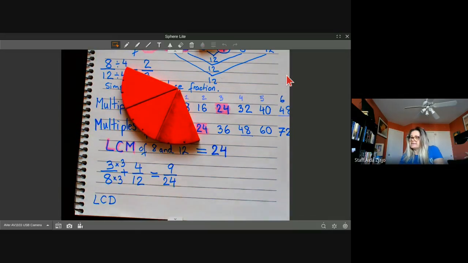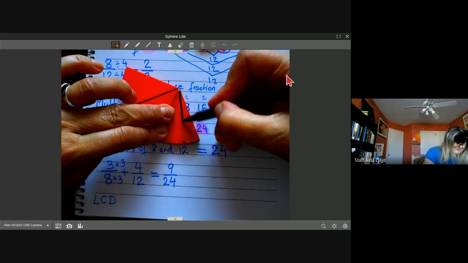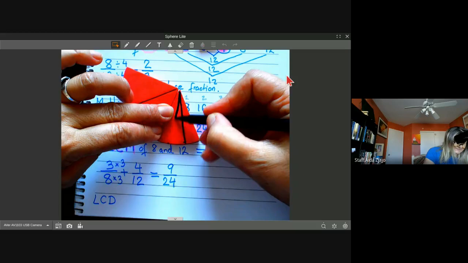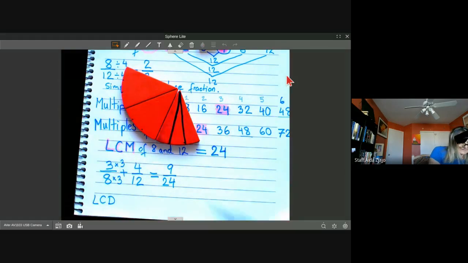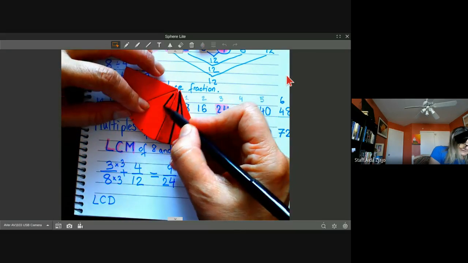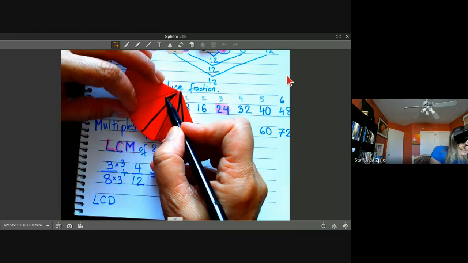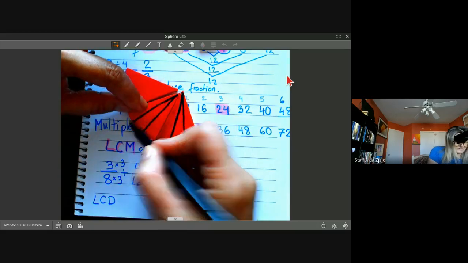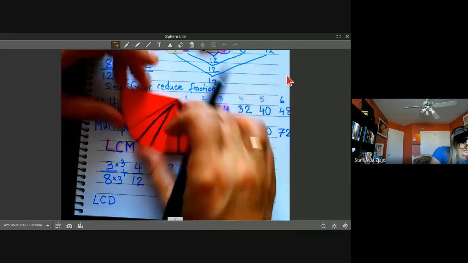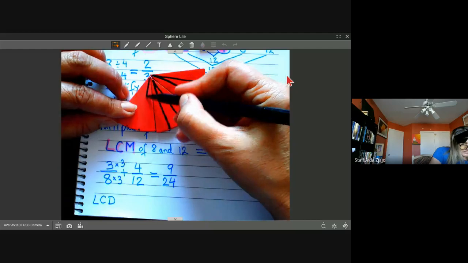If I take this and cut it into smaller pieces, these will be my 24th size. And I can cut this, pretending I'm cutting. I'm drawing where I'm going to cut. And then here also.